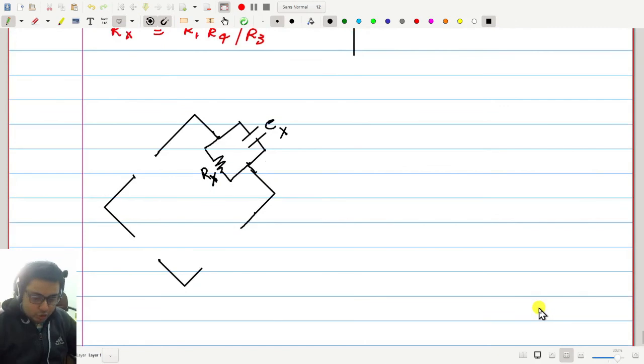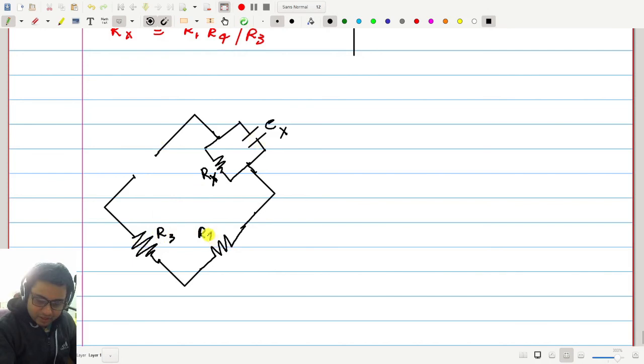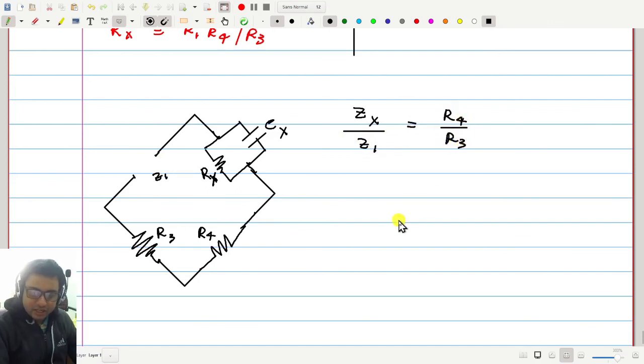So maybe I choose to take these 2 arms to give a pure real or imaginary number. Let me call them 1, 2, 3, 4: R3, R4. Then I can write Zx by Z1, that will be R4 by R3, correct?